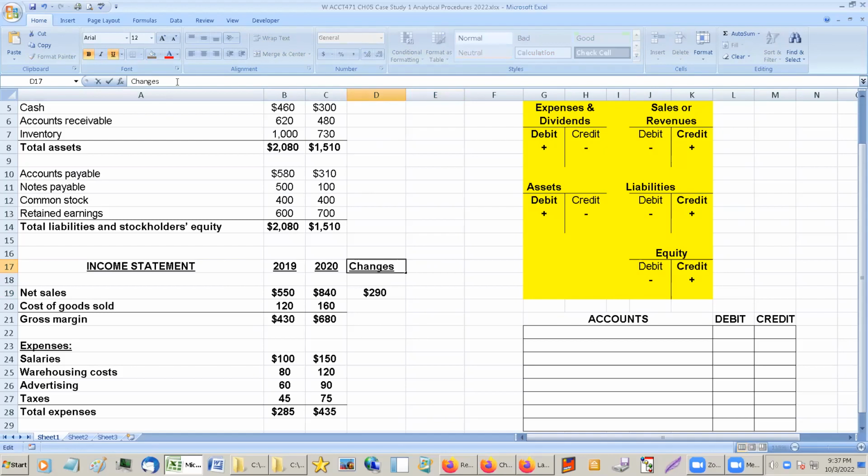I'm going to label this changes in dollars, and this over here we'll say is changes in percentage. Okay, so the increase was 290 divided by the 550. So this would be the percentage change. Quite a bit.